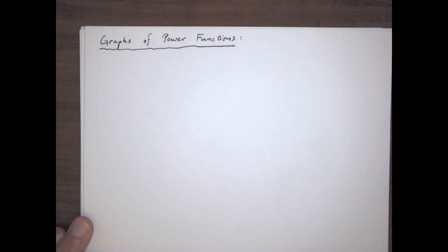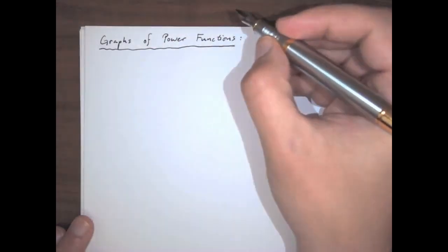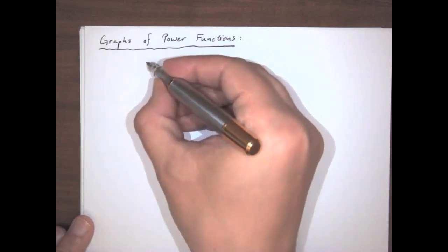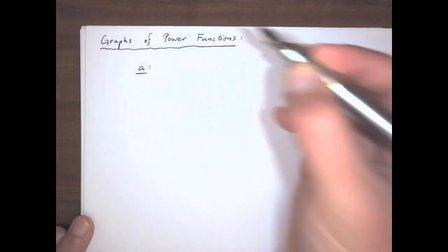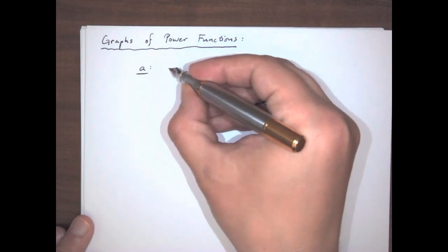There are two pieces to a power function: there's the coefficient in front, and there's the power p. So the way the graph is going to look is going to depend on those. How the graph depends on the coefficient a is based on whether it's positive or negative.